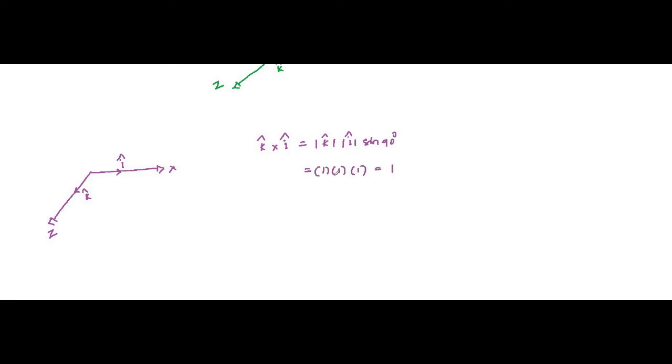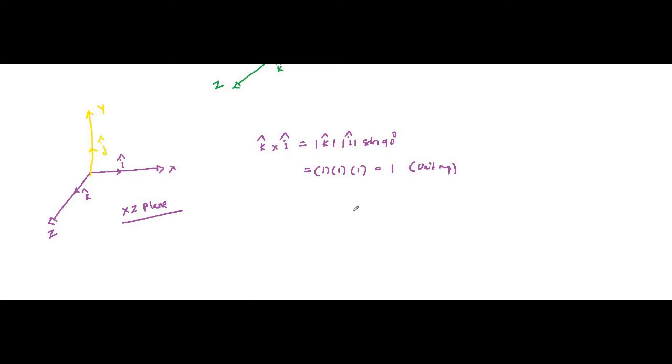So the direction of the vector will be perpendicular to the xz plane. A vector directed perpendicular to the xz plane and of unit magnitude is nothing but the j cap. It is directed along the y-axis, and this is j cap.